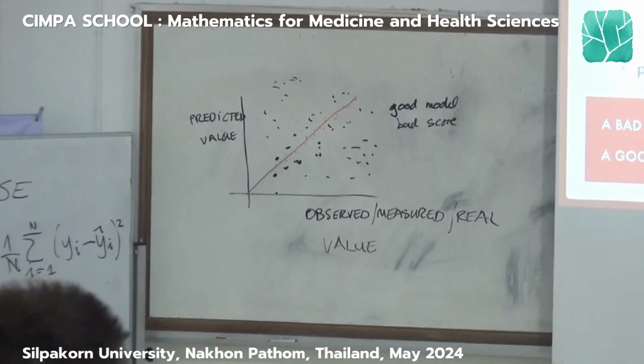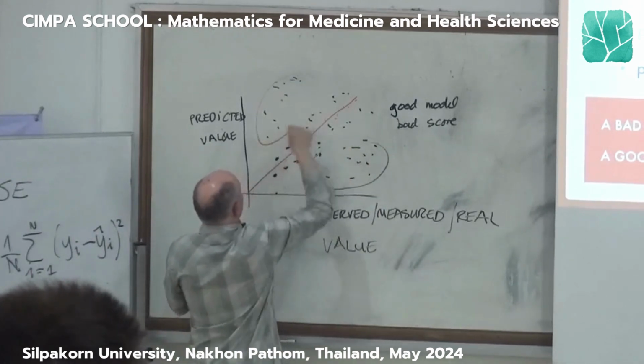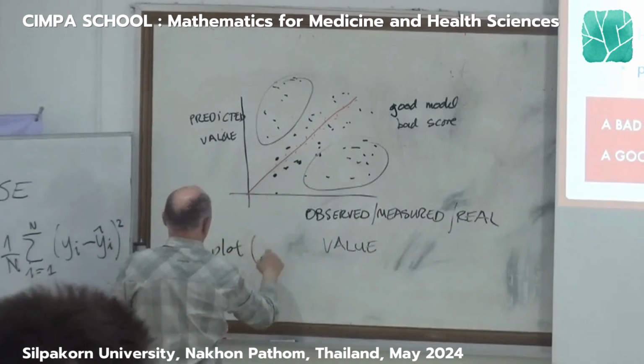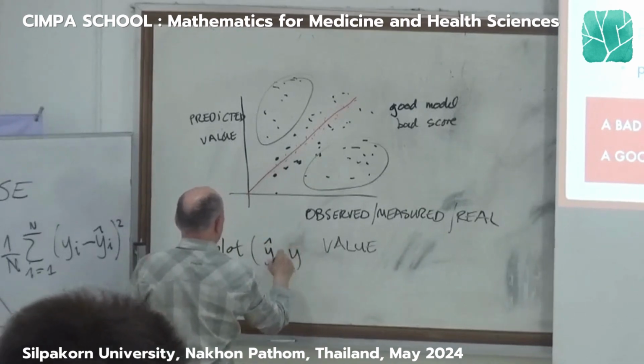So visually, you can see if I get a result like this, when I plot, okay, this is just a plot of y hat against y.